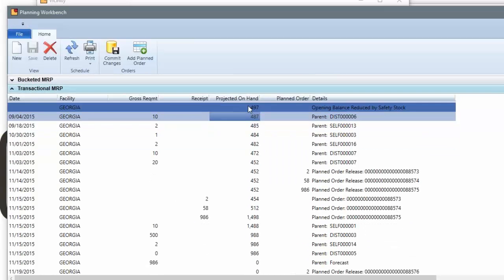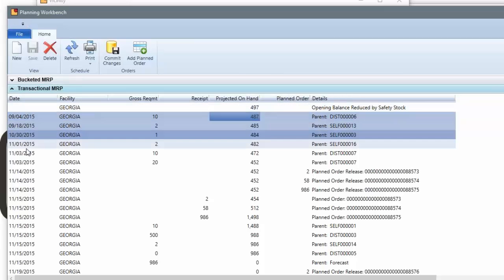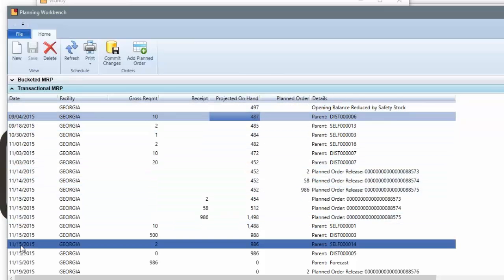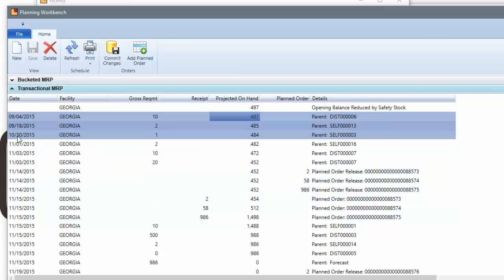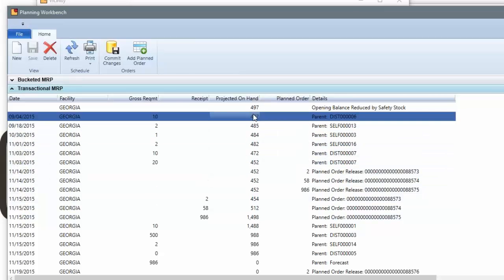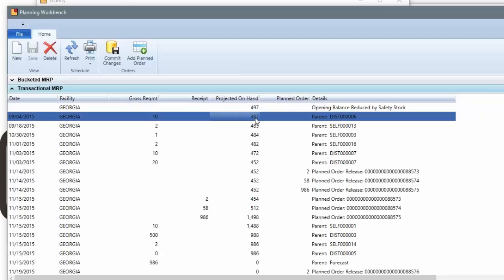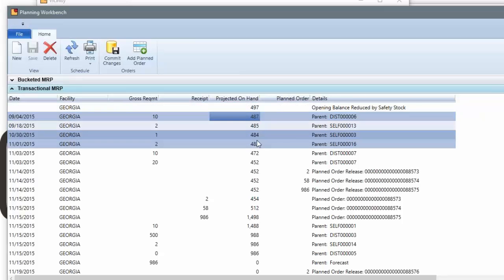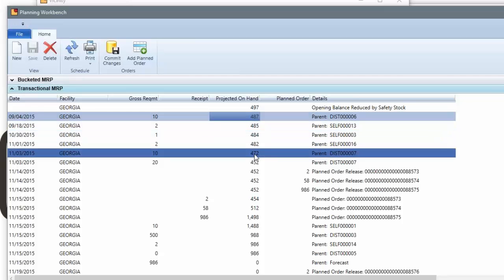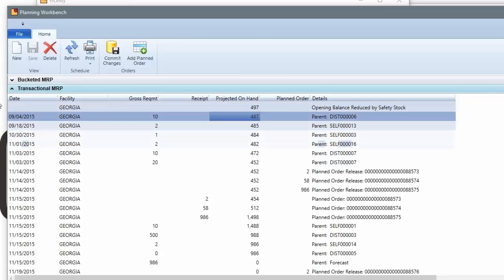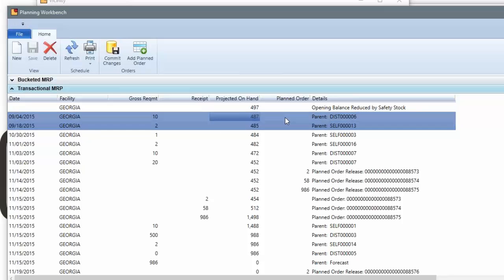So basically what I want to show you here, these are all the transactions that the system found. I'll be talking about what those are in a second, but they're all lined up by date. And the projected on hand is the quantity on hand after that transaction happened. So it's basically an available to promise or a running inventory into the future. Kind of put yourself back in time with my data. So the first kind of 5 or 6 records that we're seeing here are sales orders.